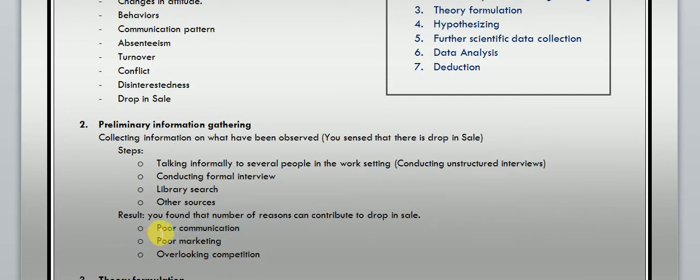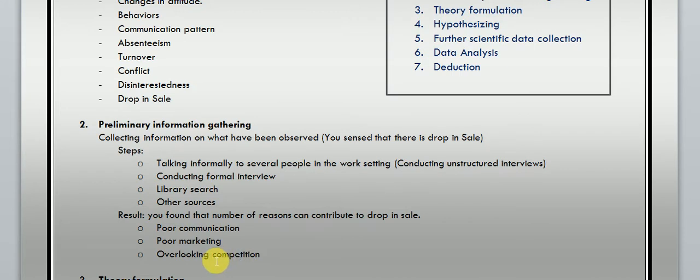These are just three general pieces of information you have collected from all these sources. Whenever you do not consider competition, or you are careless about competition, then that can also be a reason behind a drop in sale.